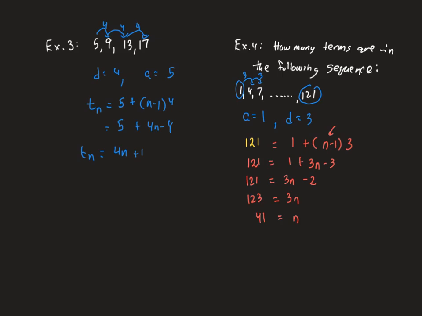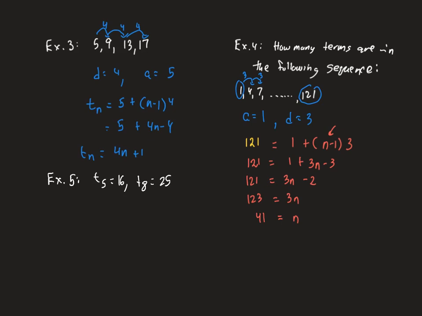Right. Let's go one more example here for arithmetic. Let's say I gave you T5 is 16, T8 is 25. So how would I find my stuff?